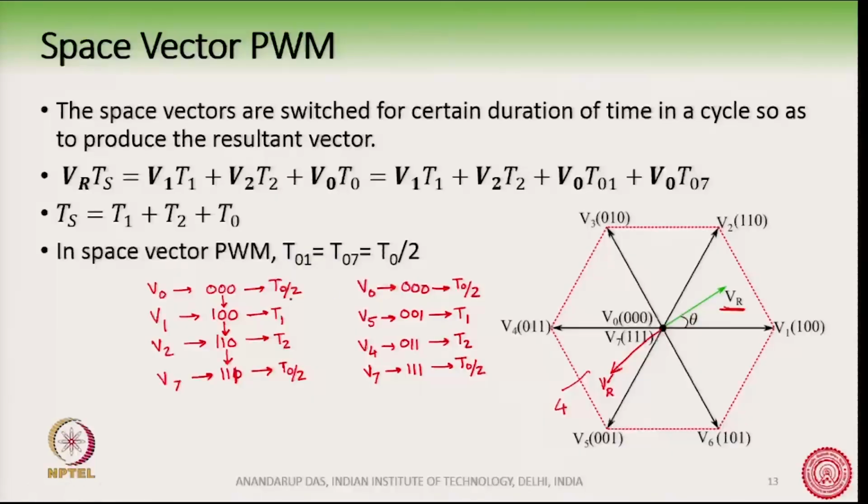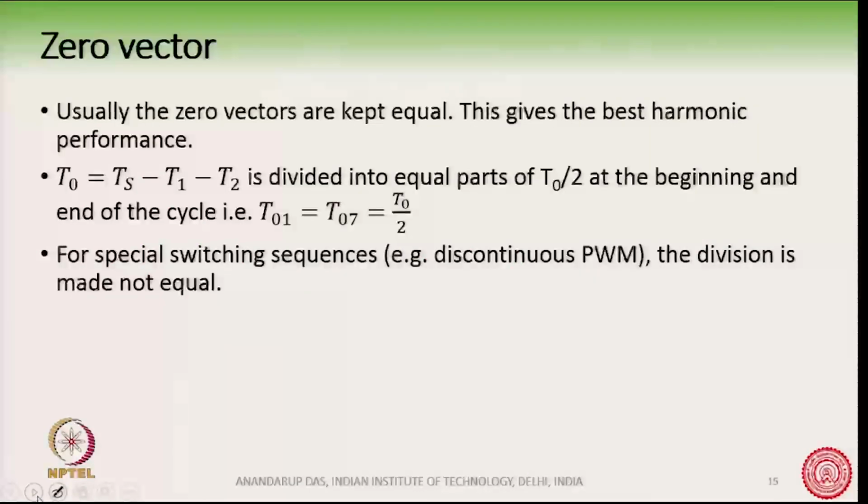Here we have split V0 and V7 into T0 by 2 and T0 by 2 in this switching. But for some special switching sequences, for example, if you have discontinuous PWM, this division is not made equal.